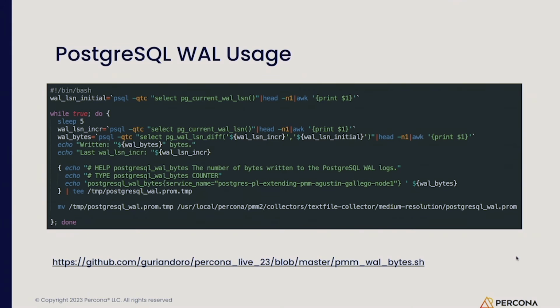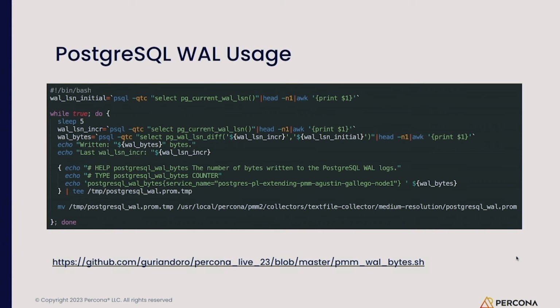This is something that we have to manually add, and this is one of the complexities it has. If you don't use the same service name that you added the client with, you won't be able to match the metric name afterwards in your dashboards, right? So this is, I guess, the most important caveat if you are going to use the text file collector.